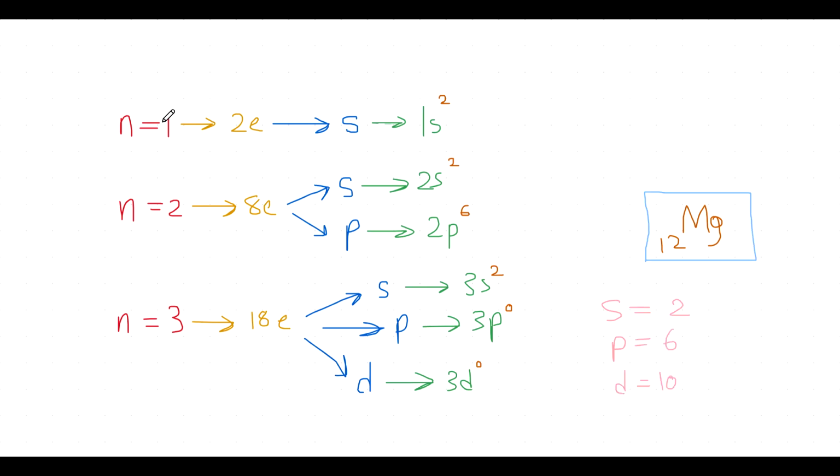Give me another element, a big one. Let's do copper. Copper is 29, I think. So tell me its electronic configuration.